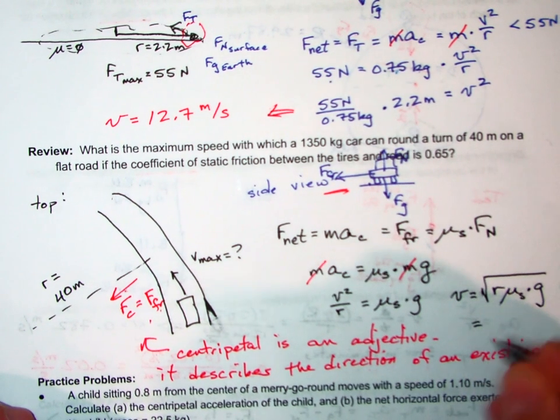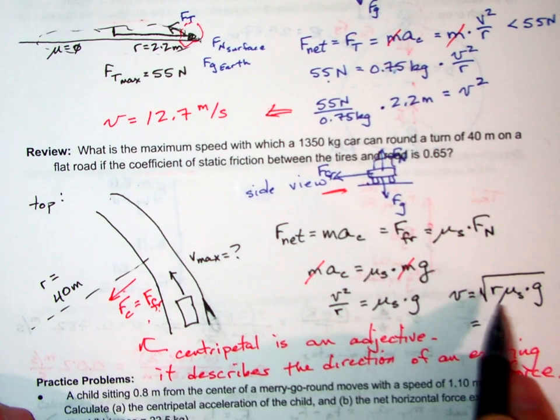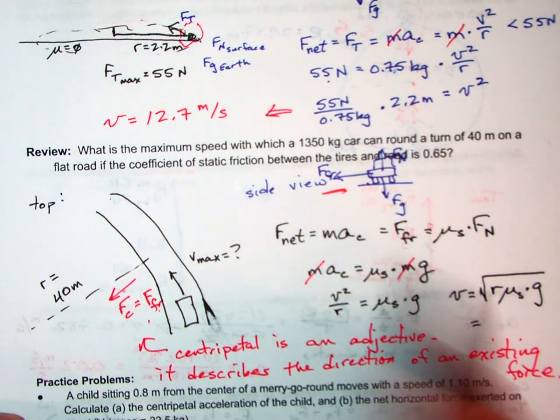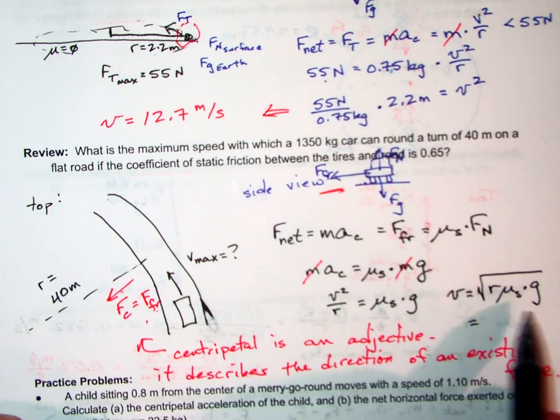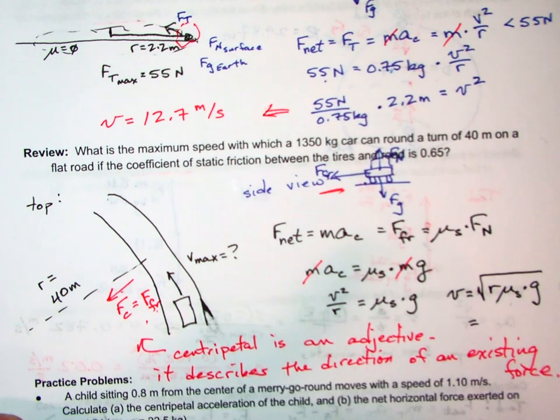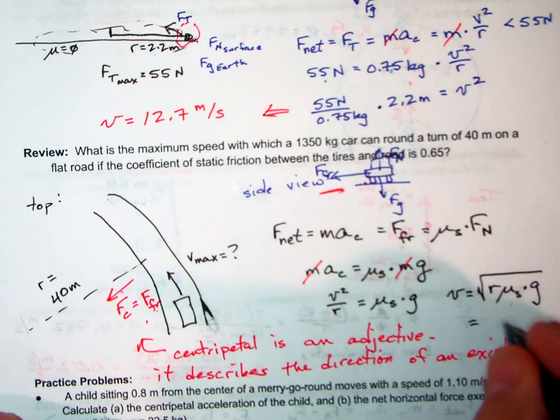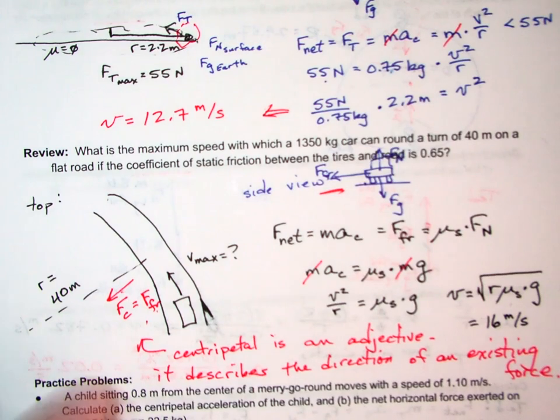And in this particular case, when I plug in 40 meters, 0.65 coefficient of friction, and 9.8, I get that the maximum speed is 16 meters per second.